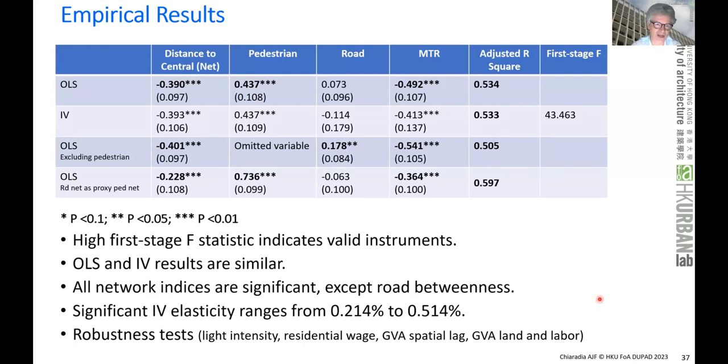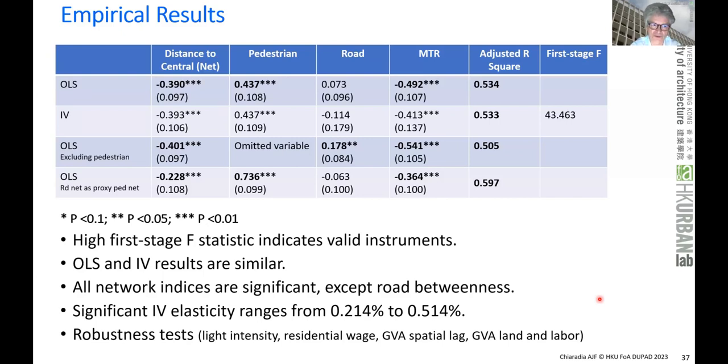And in particular in Hong Kong, no surprise, very much related to the MTR. The road network might look a bit strange, because 40%, 50% of people use the bus, so one would expect the road to be important. But we think this is captured mainly by distance to central, which is measured through the road network.